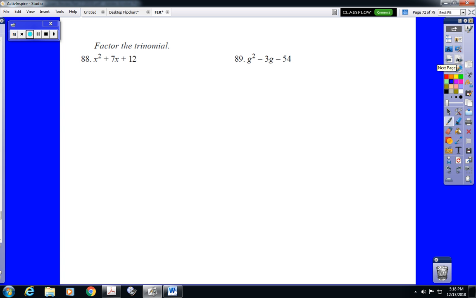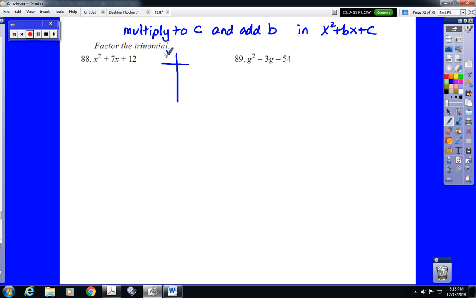88 and 89 are asking us to do trinomial factoring. Remember what we're doing here. We're looking for two numbers that multiply to the value c and add to the value b in x squared plus bx plus c. So we are looking for two numbers that multiply to 12 and add to 7.